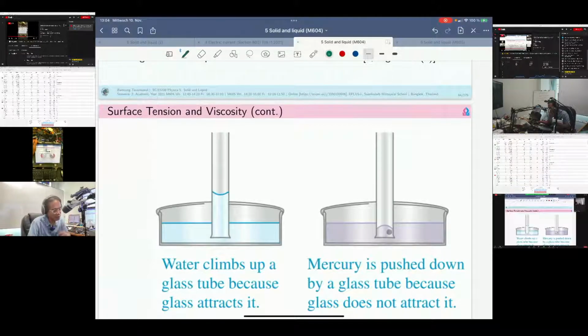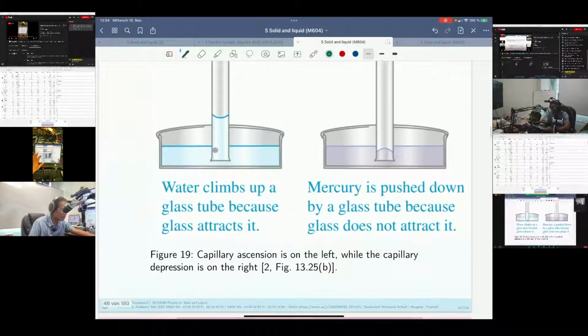So that's why they have a lower level. Unlike this one, which has more adhesive force, the attractive force between different materials, between water and the glass. So the adhesive force is stronger than the cohesive force. So the adhesive force brings the water up compared to the water level in the big container.